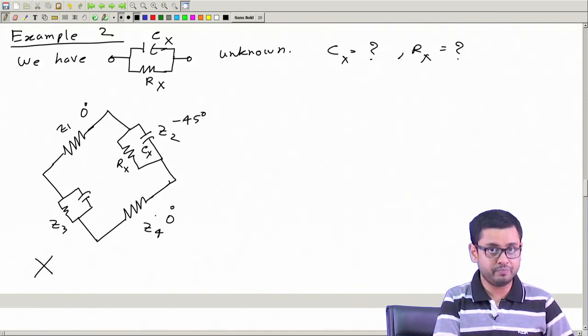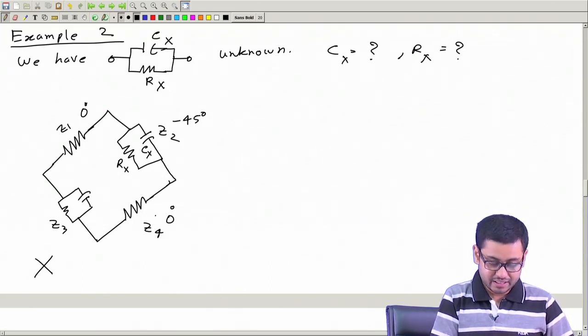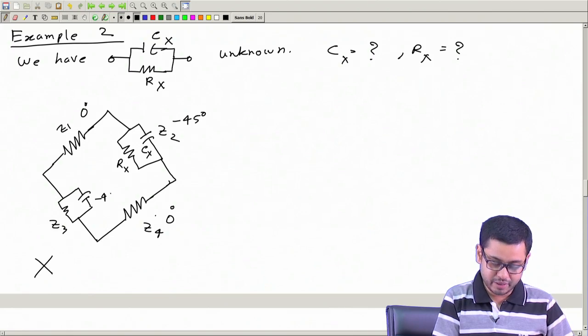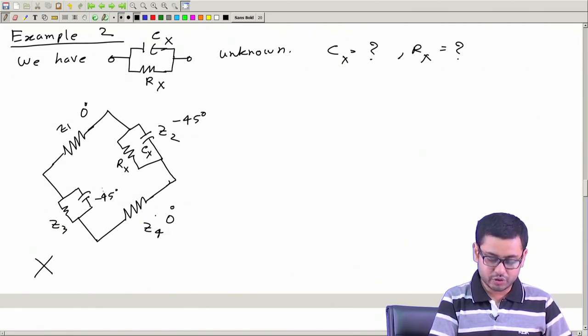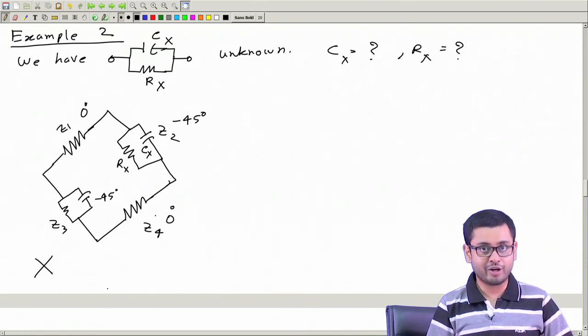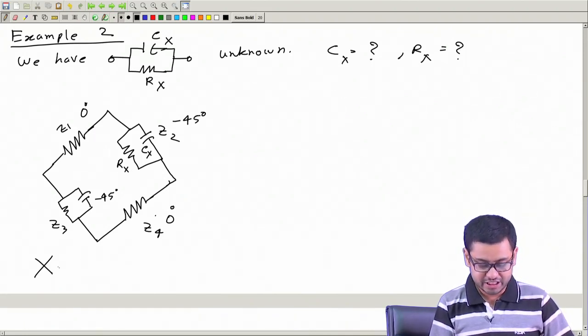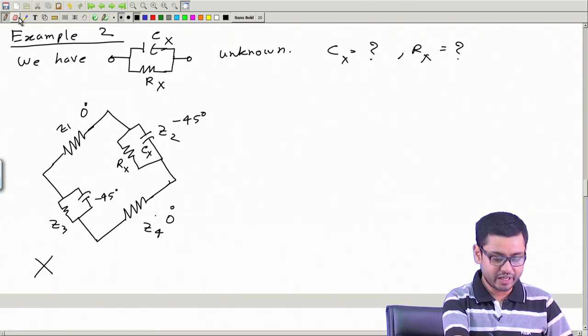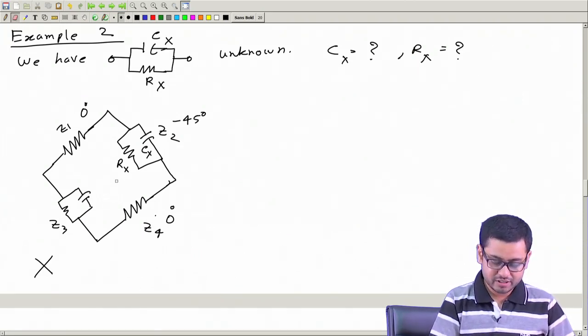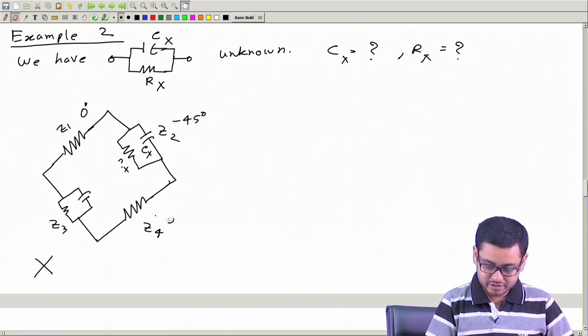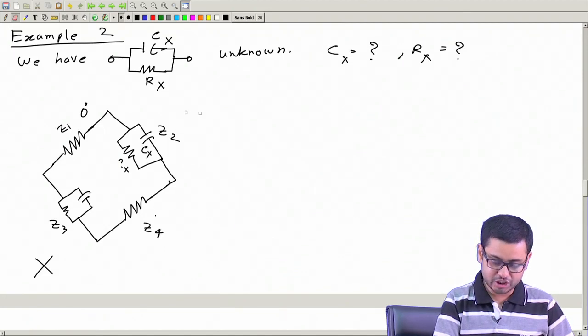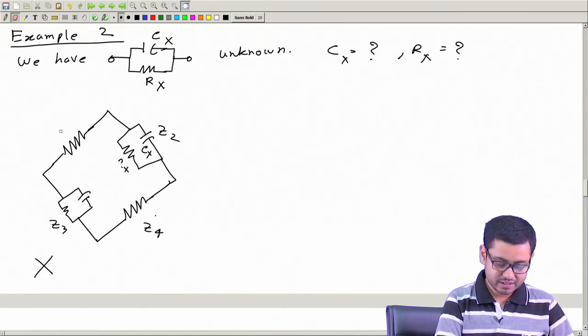So their sum is minus 90, and this sum is 0, they cannot be equal. So, this bridge is not balanceable. So, this bridge is wrong.